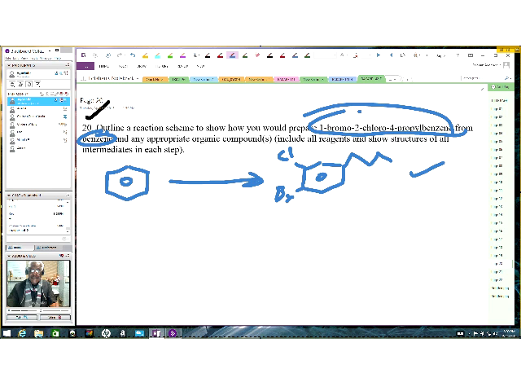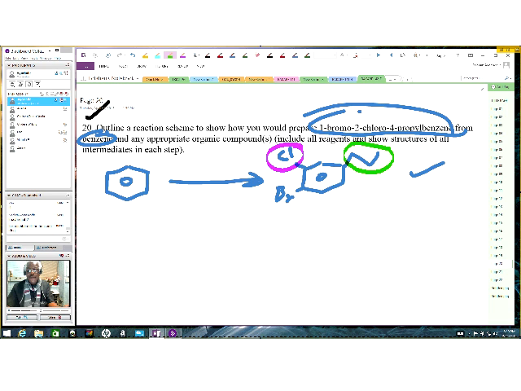Now, let's do a little bit of analysis. If you look at the product they want us to make, you notice the relationship between the chlorine atom and the propyl group. I'm sorry, that's supposed to be propyl. The relation between the chlorine atom and the propyl group right here is a meta relationship. In other words, a 1-3 relationship between them.